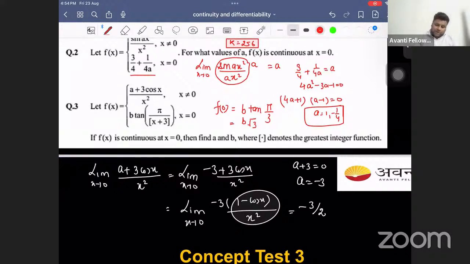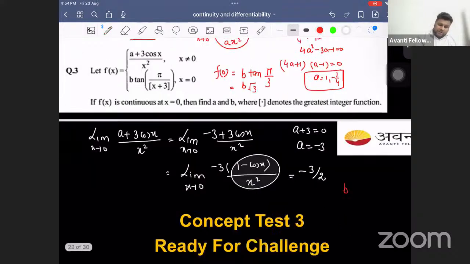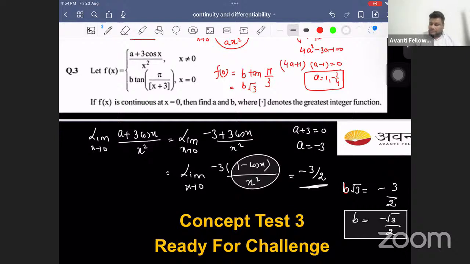Now for continuity, this b under root 3 should be equal to minus 3 upon 2. So b is what? Minus of root 3 upon 2. This is the value of b. Got it? So this was a simple question on continuity.